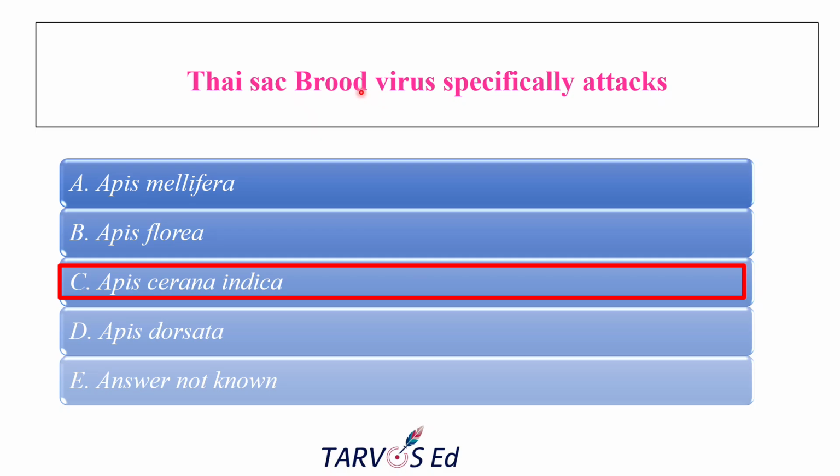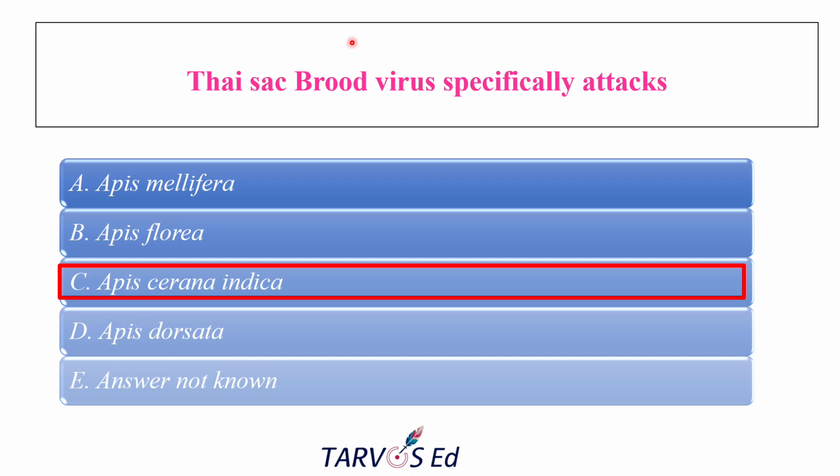In India, this Thai sac brood virus outbreak occurred in the late 1980s and 1990s especially. It wiped out most of the Indian bee colonies in Kerala, Karnataka, Tamil Nadu and other places, because our Apis cerana indica has very low resistance to the Thai virus strain, which is why the disease is so devastating.